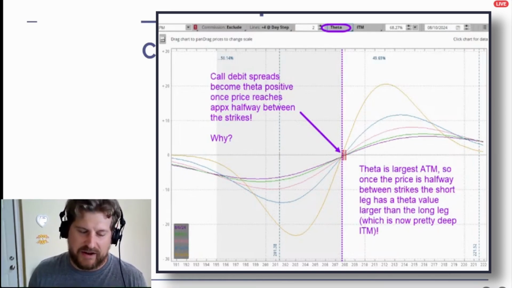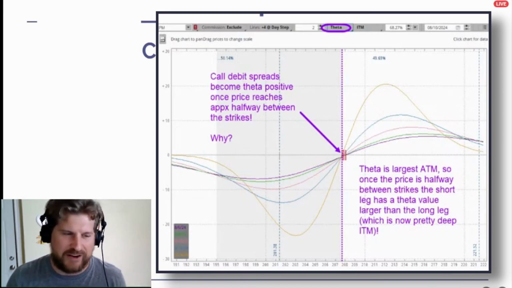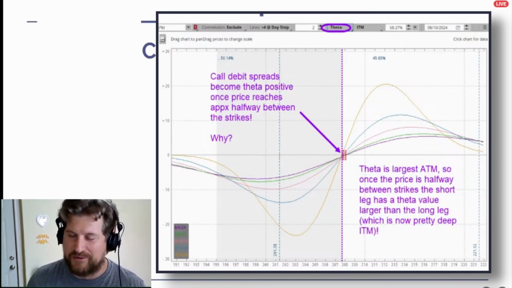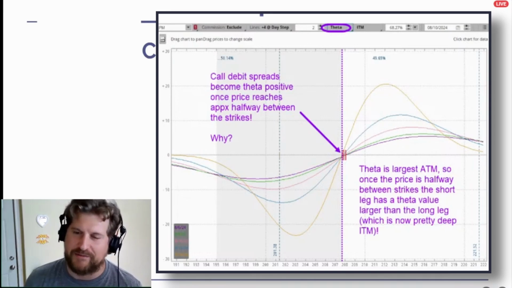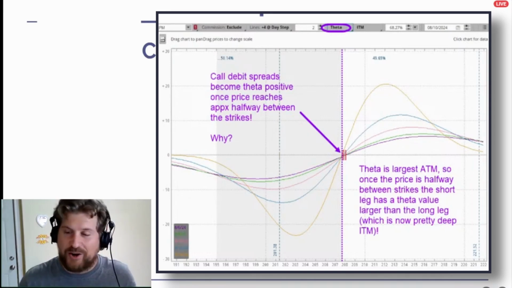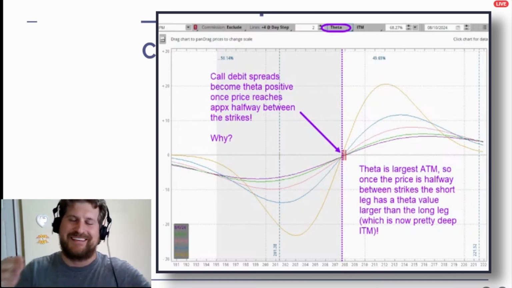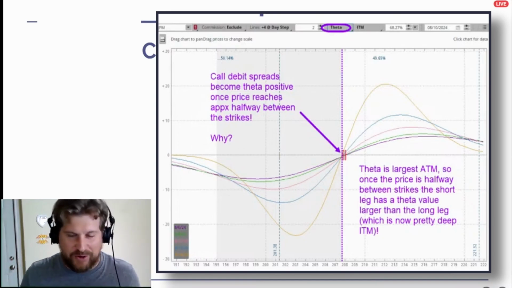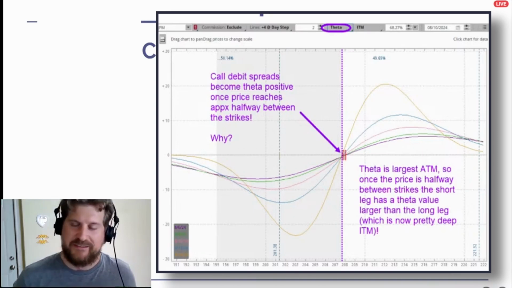I imagine most of the time, if you're just buying outright calls, theta is never really working for you. It's always working against you because it's always removing extrinsic value from your option contract. In a call debit spread, as price gets up to a certain point, your overall theta actually becomes positive.